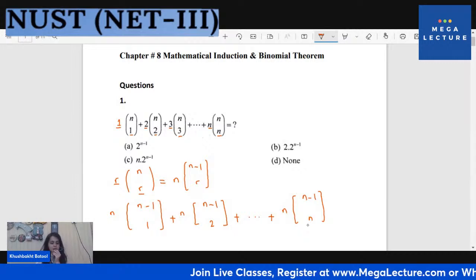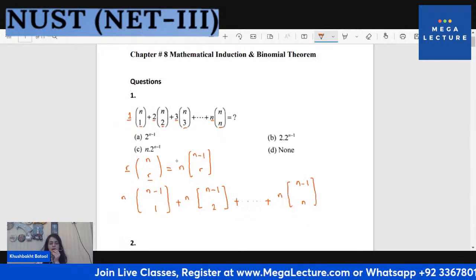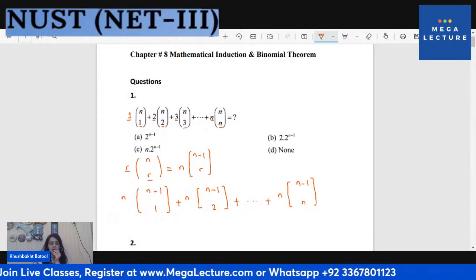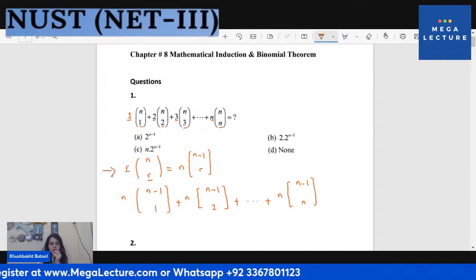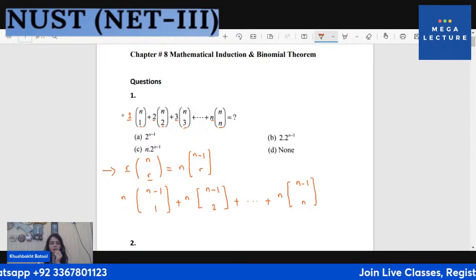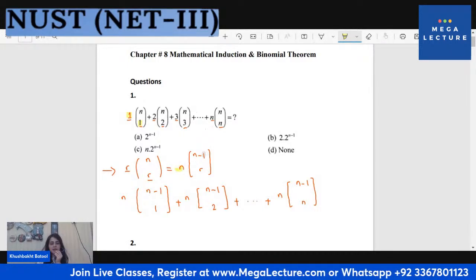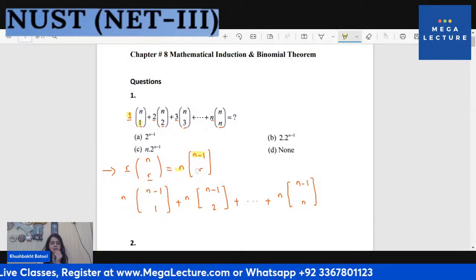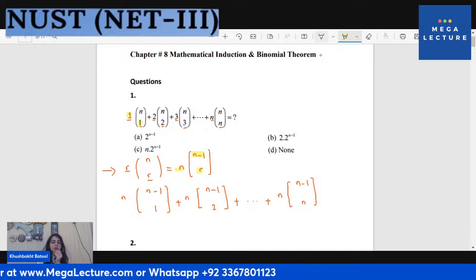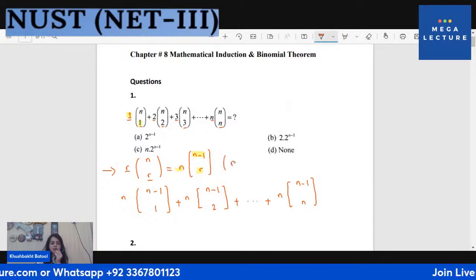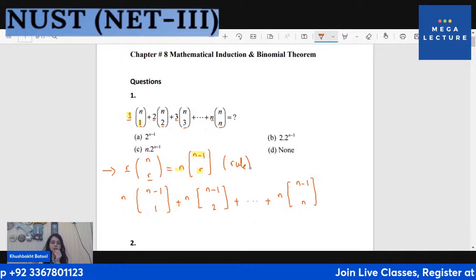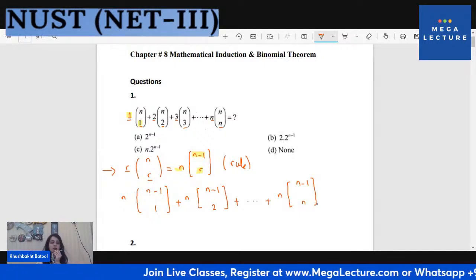So what have I done here? I've written all these using this logic. Whenever I have r nCr, I can write it as n into n minus 1 C r minus 1. In general you need to memorize this. It is a rule. So using this rule, I've written the question again, and now let's see how to do it.